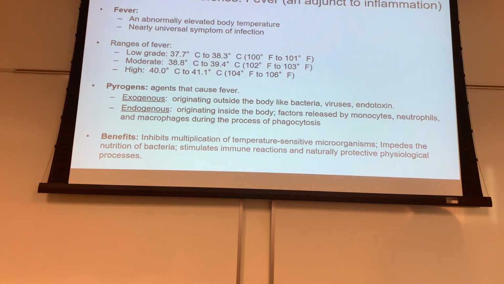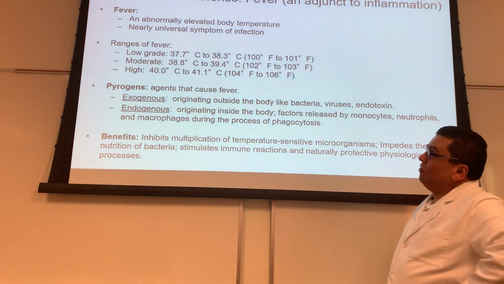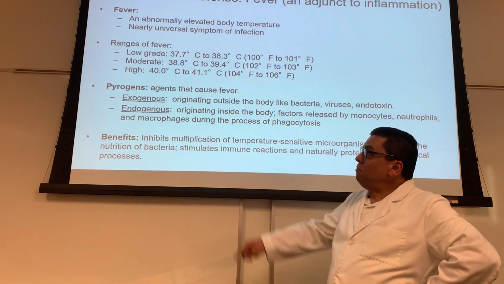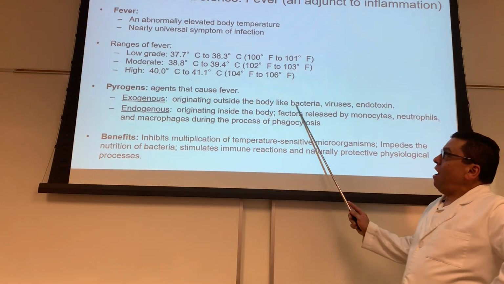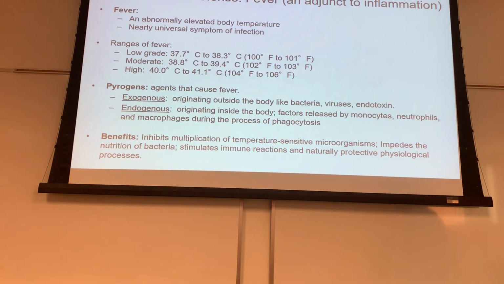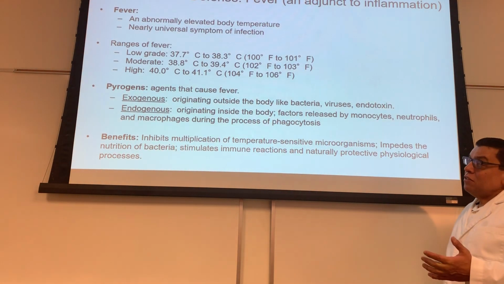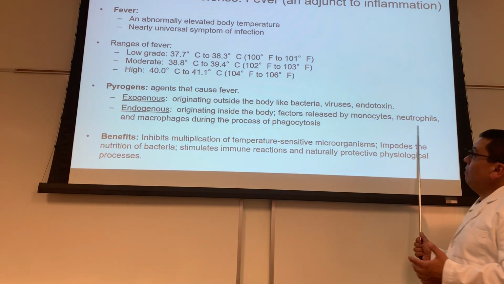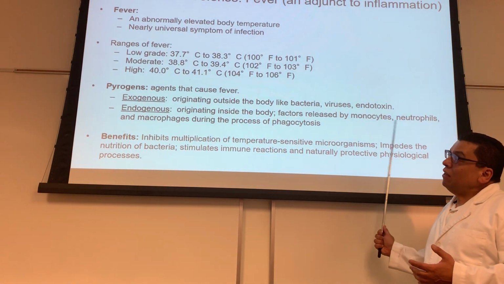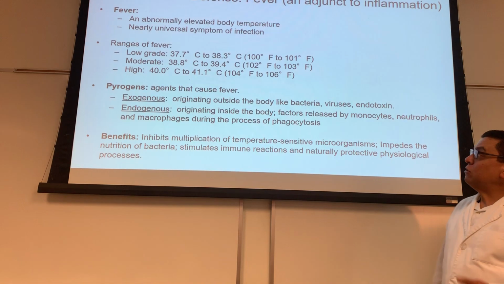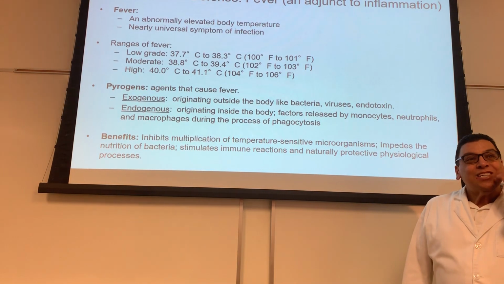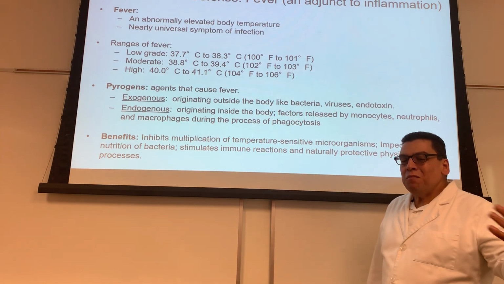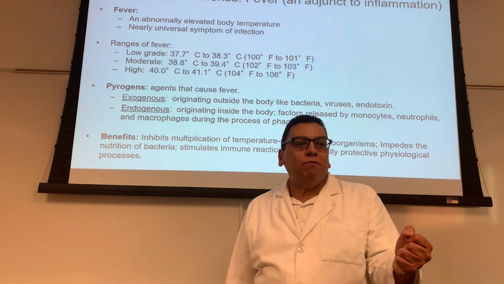Now, there are things that stimulate fever. Exogenous factors that stimulate fever are your obvious bacteria, viruses. Endogenous factors that stimulate fever are some of these chemicals or factors released from macrophages, from your white blood cells, as part of the inflammatory response, as part of them being stimulated when they capture something foreign.